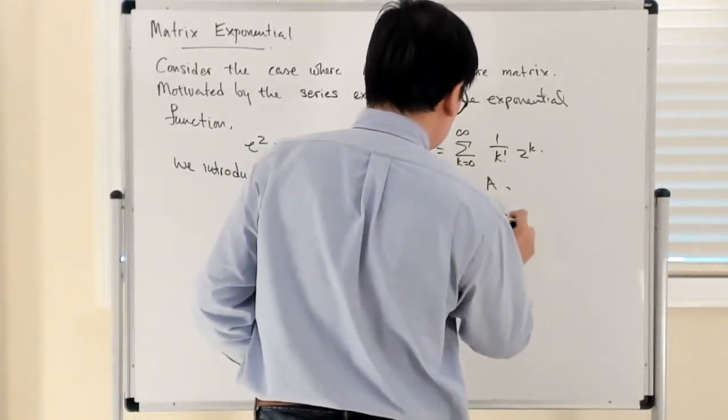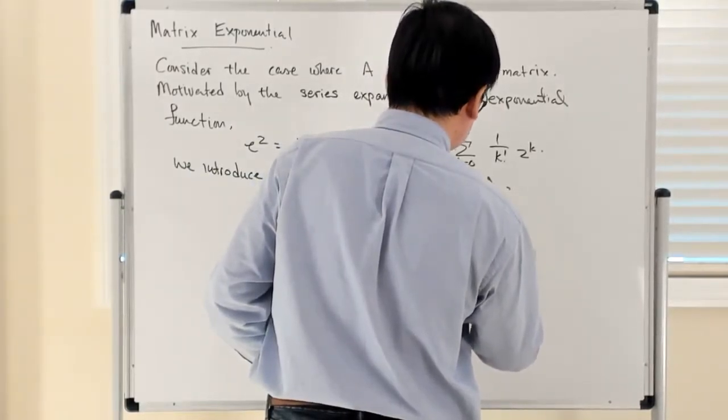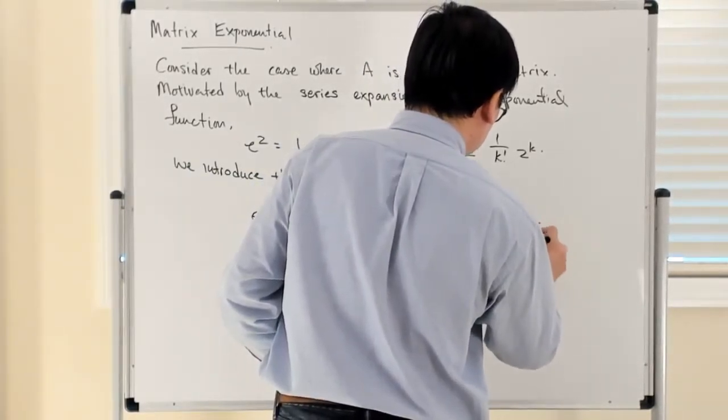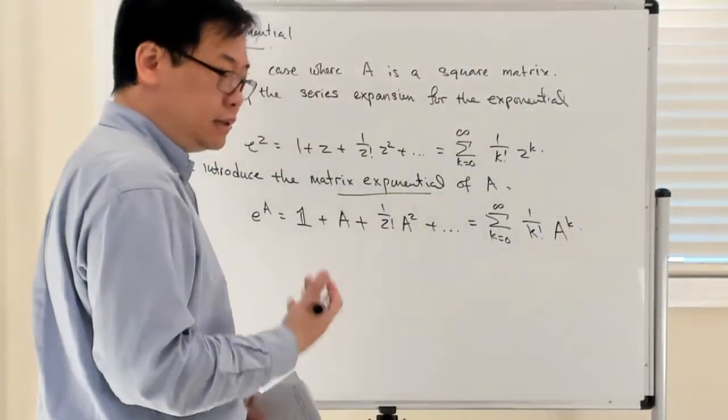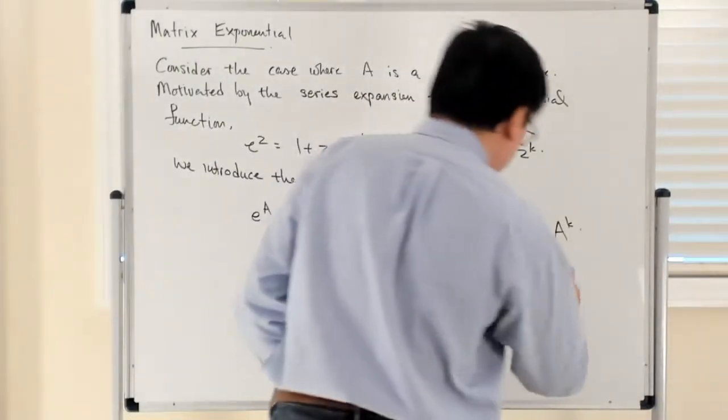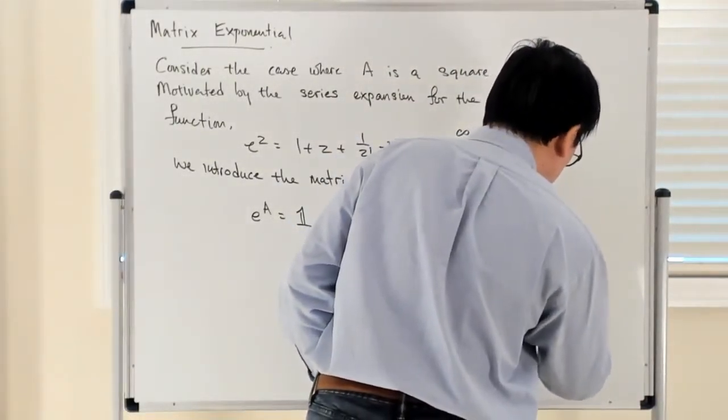And again, this is the sum from k equals 0 to infinity of 1 over k factorial A to the kth power, where it's understood that A to the 0th power is the identity, which makes sense.